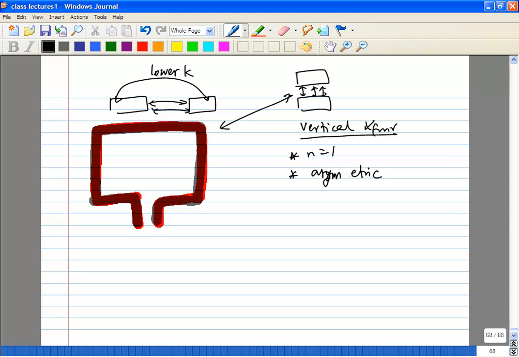Okay, so I'll give you an example. Let's say you're trying to design a differential amplifier.